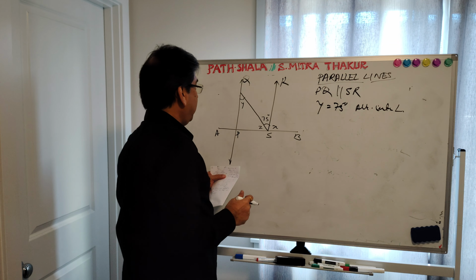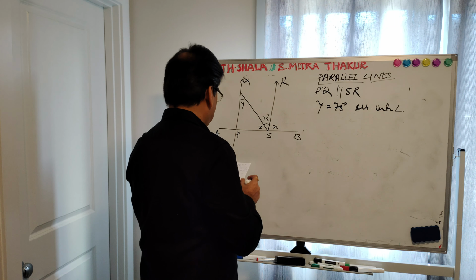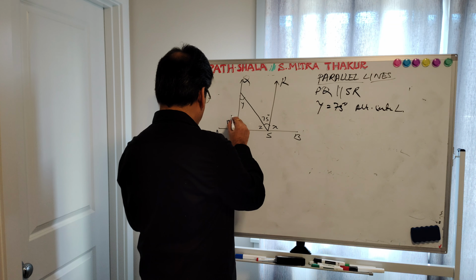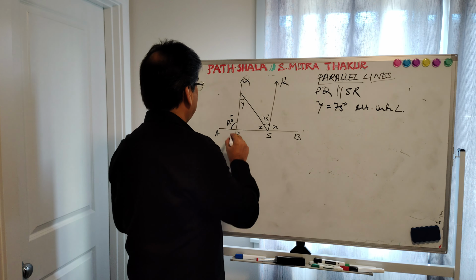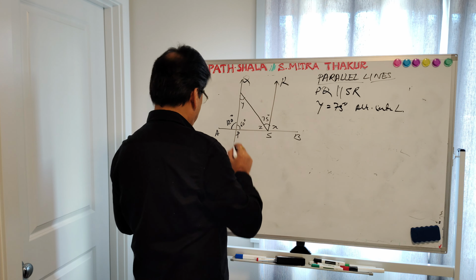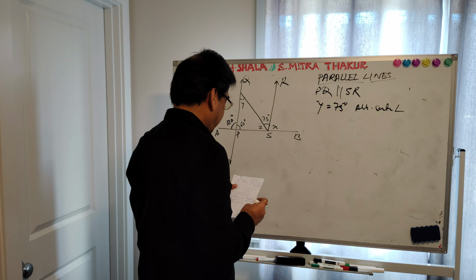Again, these are the two parallel lines here. So APQ is given as 120 degree. It is 120 degree, then it will be 60 degree, right?